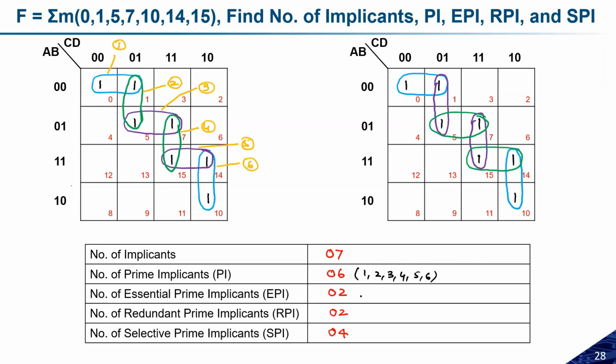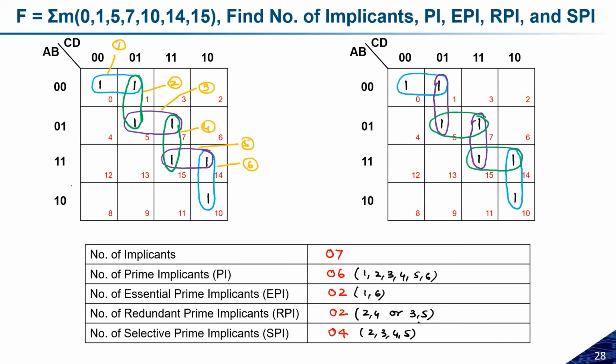If we talk about the essential prime implicants in the first figure, pairs 1 and 6 are the essential prime implicants. If we talk about the selective prime implicants, pairs 2, 3, 4, and 5 are the selective ones, and the redundant prime implicant is either 2, 4 or 3, 5.